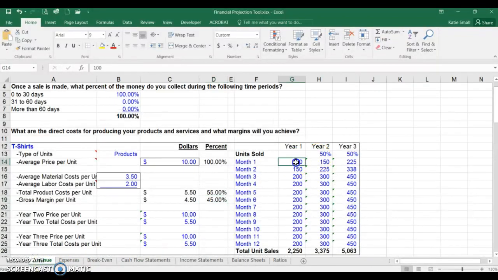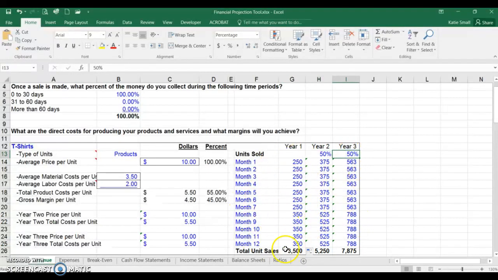Now, if we go back and change year 1, 2, and 3, so let's say in year 1 that we're going to, well, let's just do 250. We're going to sell 250 sweatshirts maybe in the first few months, and then we're really going to pick it up after that and sell more, and then we'll keep our increases the same just for the sake of an example.